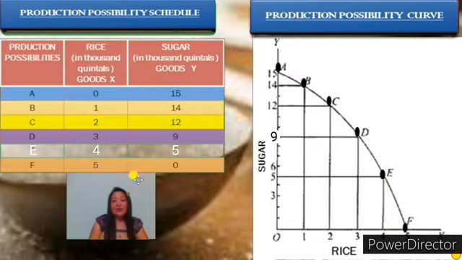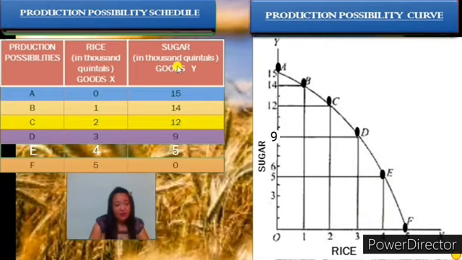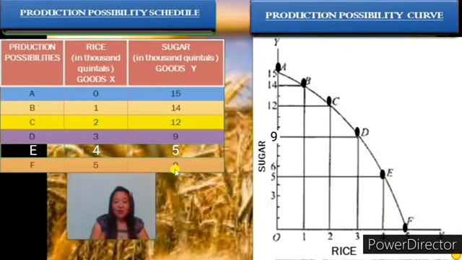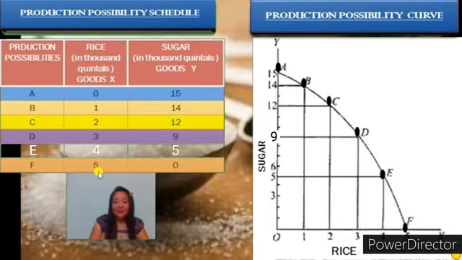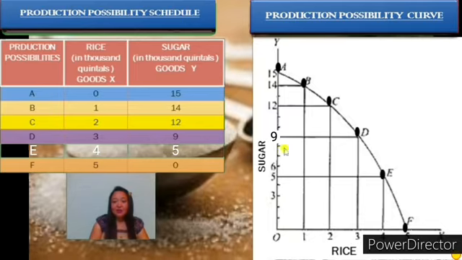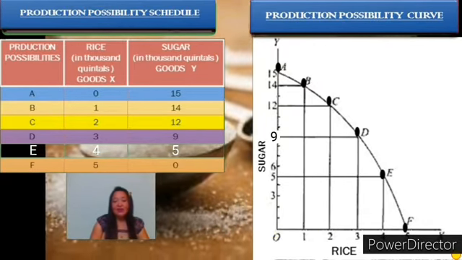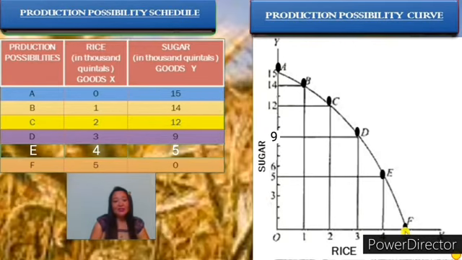Now if you say we are not going to invest any resources in the production of sugar, so the entire fund will be diverted to the production of rice, then the production of sugar will be 0, but the production of rice will increase to 5 units. So according to possibility F, your point is here.